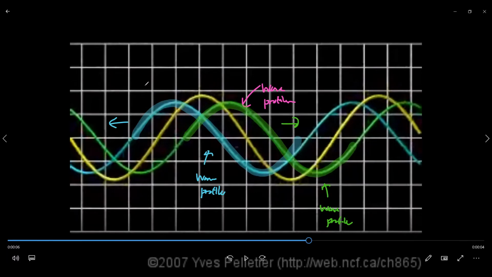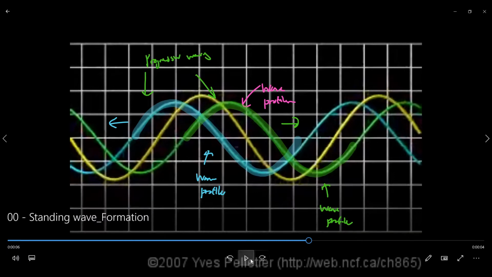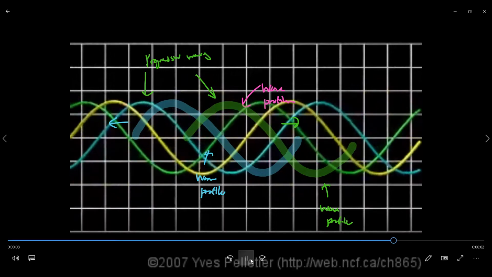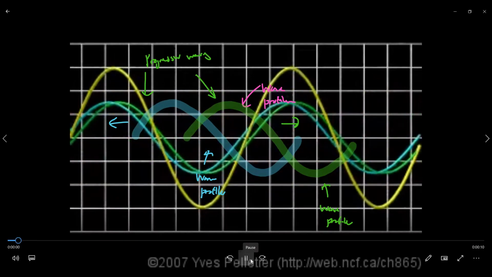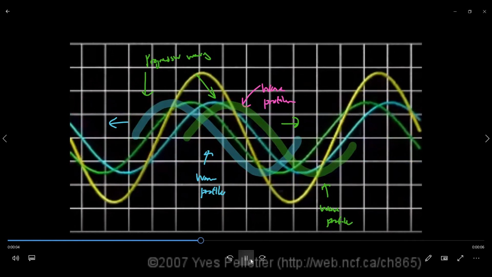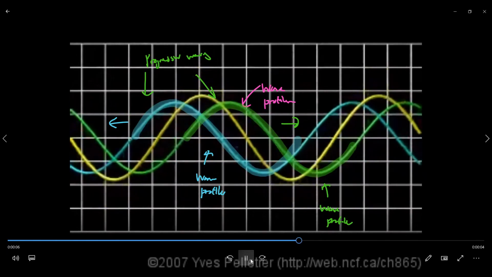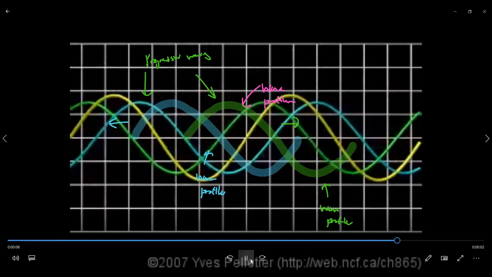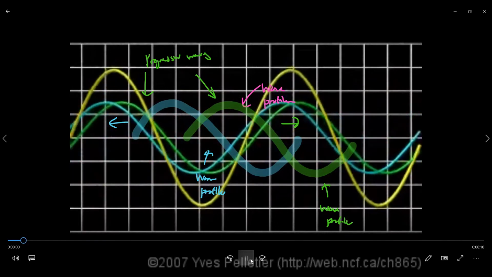These two are your progressive waves because your wave profile moves, but they're moving in opposite directions. Green moves to the right, blue moves to the left. The wave profile is moving, they are progressive waves, and they're both moving in opposite directions. And as they're moving in opposite directions, they're continuously overlapping.